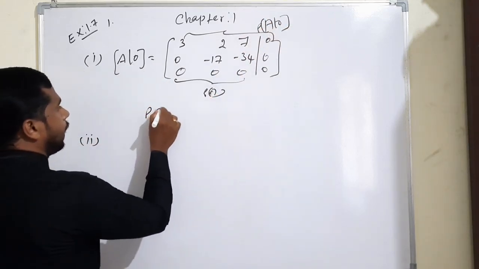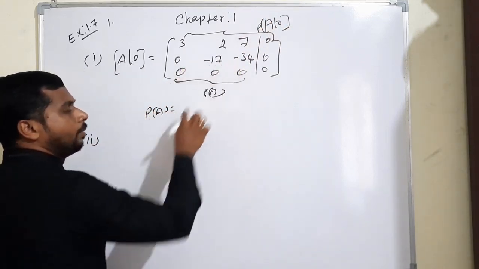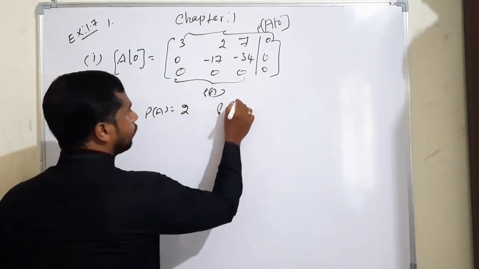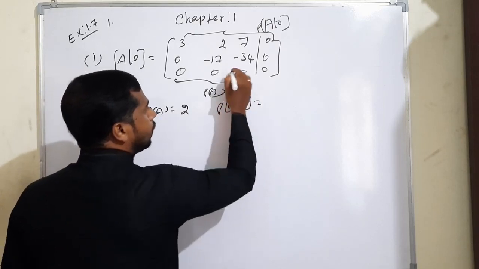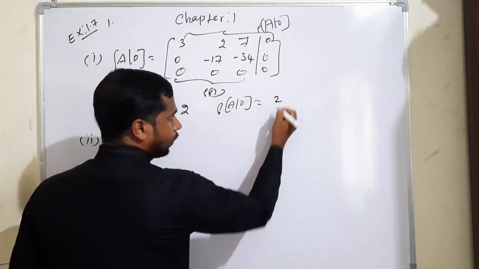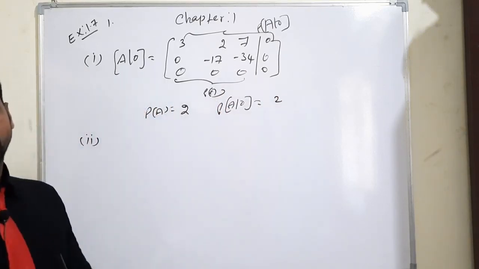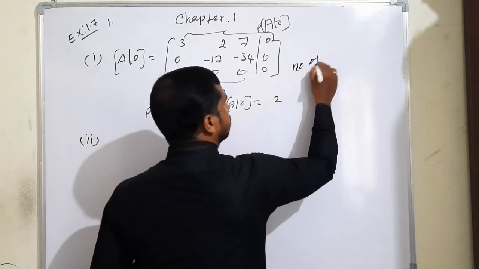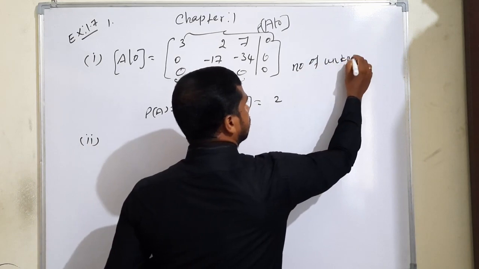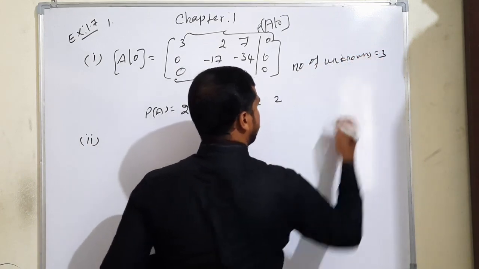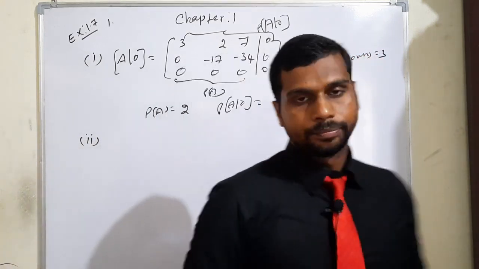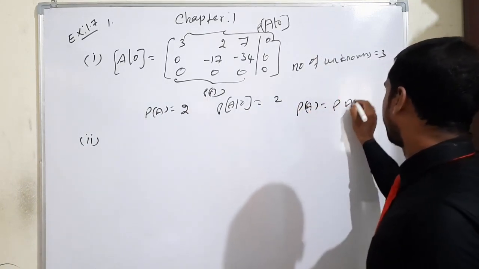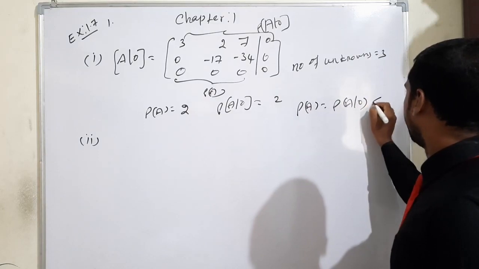Now rank of A is the number of non-zero rows, two, and rank of A with O is also two. But the number of unknowns, x, y, z, is 3. So we can say rank of A is equal to rank of A with O, which is less than 3.